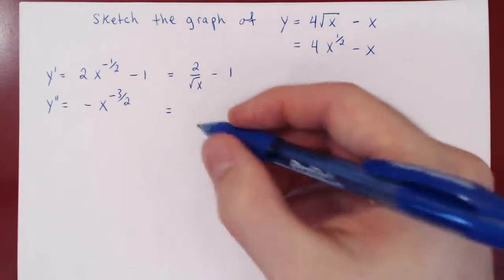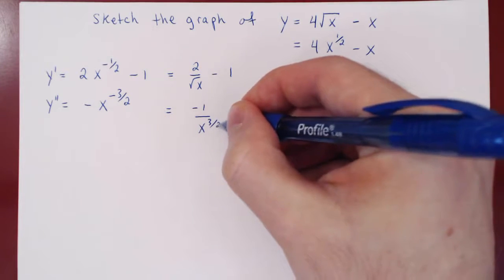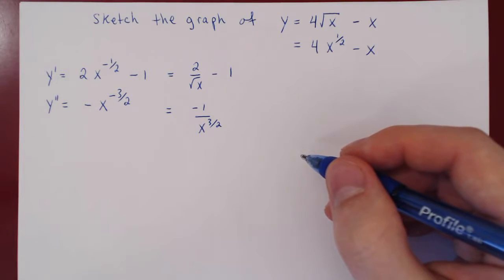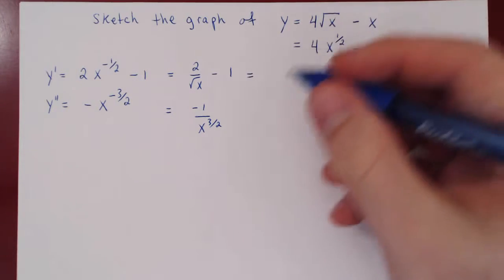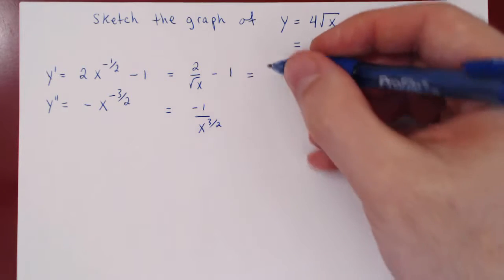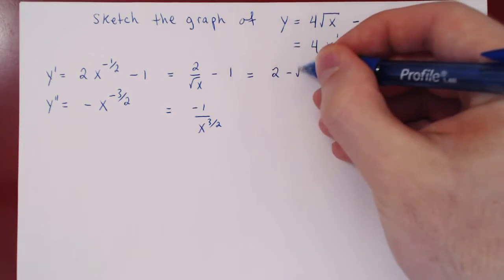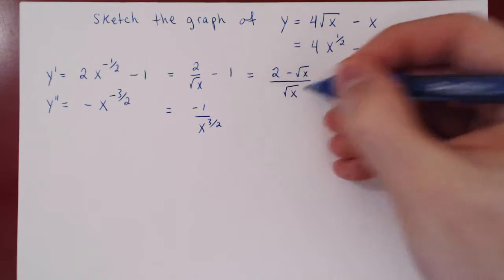And the second derivative will be simply negative 1 over x to the positive 3 over 2. If you want to combine the first derivative as a single fraction, multiply top and bottom by root of x over root of x, and you'll have 2 minus the root of x all over root of x.